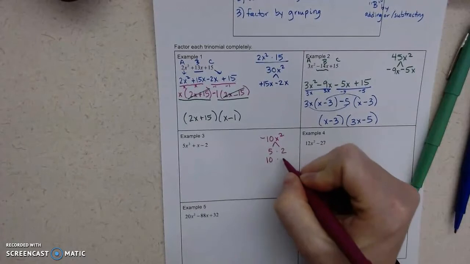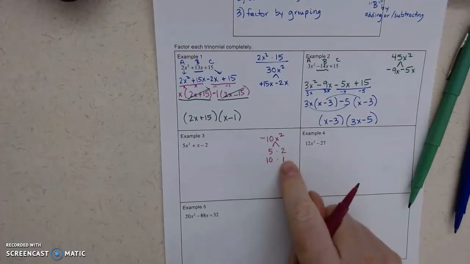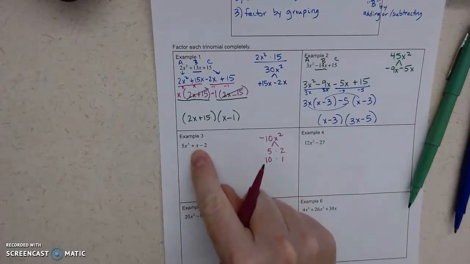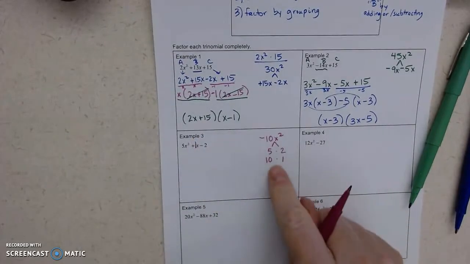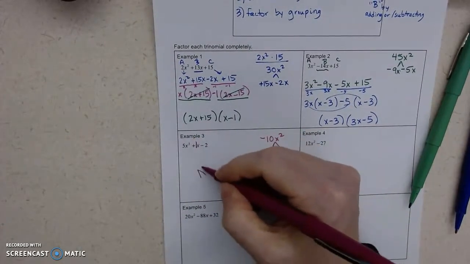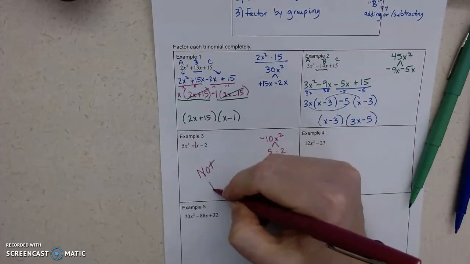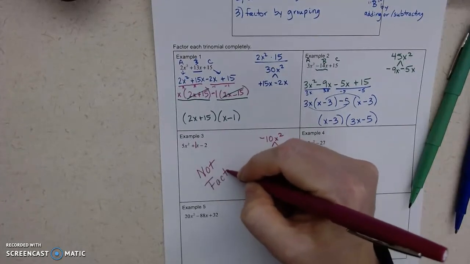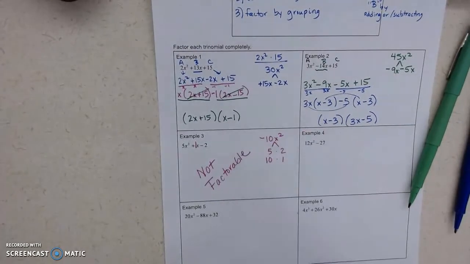I could do 10 and 1, which gives me 11 or 9. So if I want to get that 1, it's not possible. So not possible or not factorable. Okay.